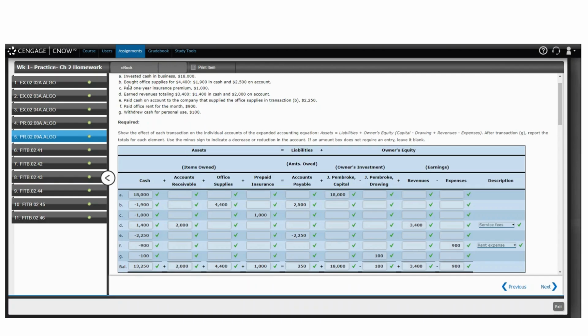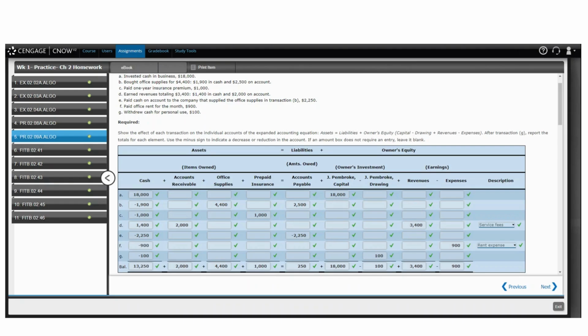In B, he buys office supplies for $4,400. He puts $1,900 in cash and $2,500 on account. All right, so I see 3 accounts already.